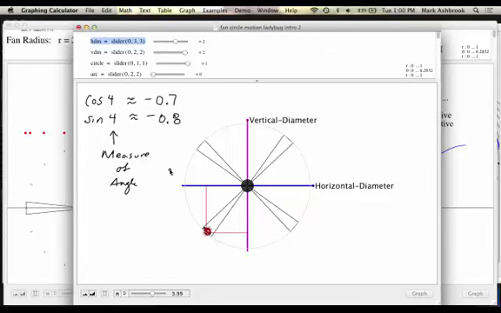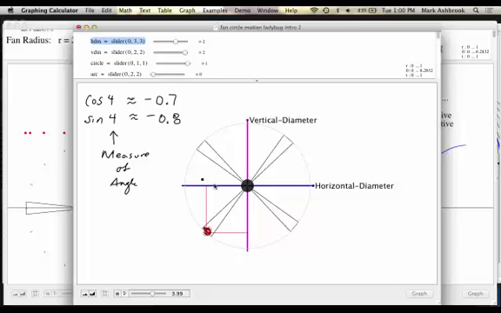Getting the idea. Or we could have done 0.6, negative 0.7. Doesn't make sense. They're both negative. Why? Because cosine we're to the left of the vertical diameter. Sine because we're below the horizontal diameter. And this is the fraction. We're estimating the fraction of a radius that we are.